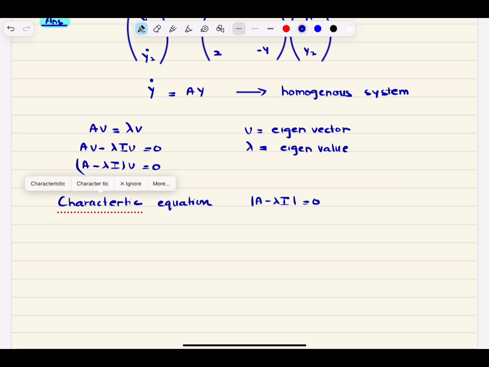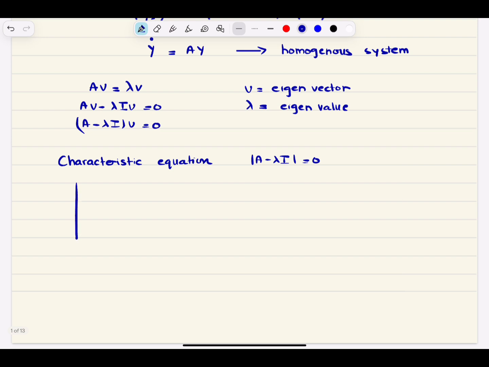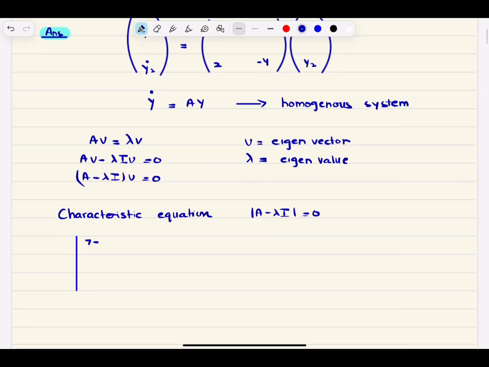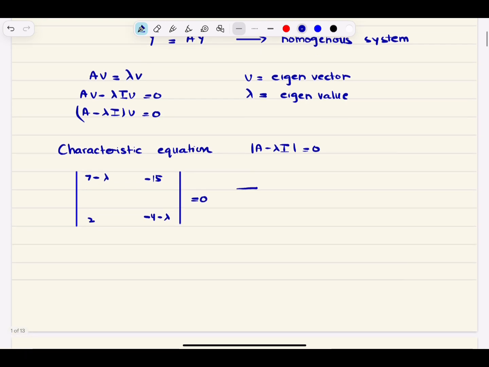Anyhow, so we need the determinant of the matrix with 7 minus lambda, 15 remains there, 2, minus 4 minus lambda, and we put the determinant equal to 0. So what do we get?